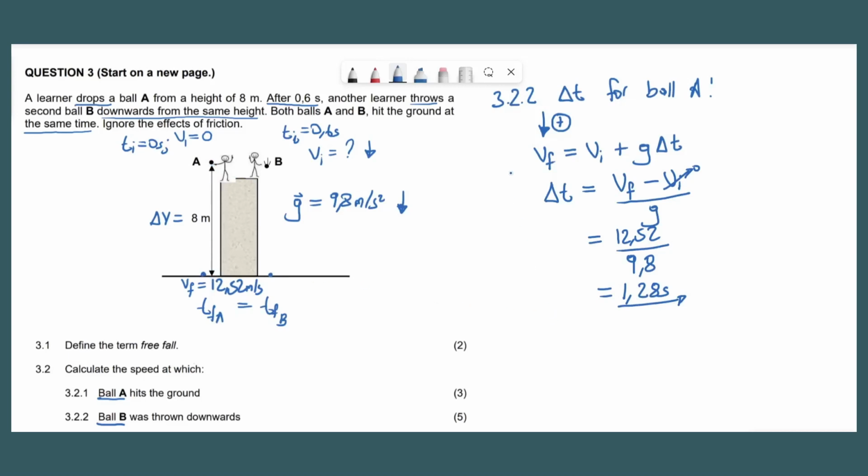And again, you will actually notice that this is a calculation that is exactly the same as the calculation that we did for the projectile in the November 2016 paper, the second calculation that we did there. So let's now see how we can use that in order to find the change in time for ball B.